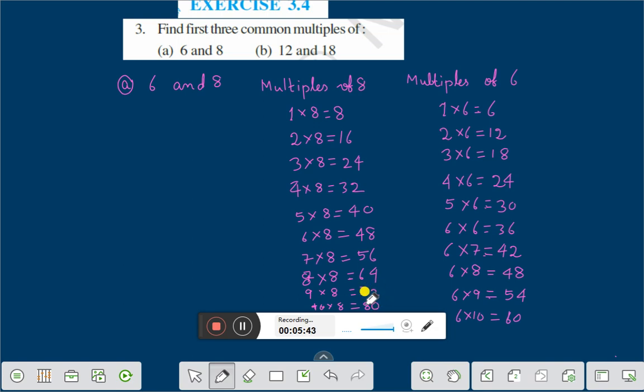Now we'll find the common multiples, the first 3 common multiples of 6 and 8. Which are common? 8, not common. 12, not common. 24, 24 is common in both.